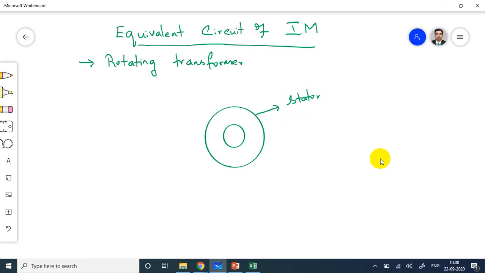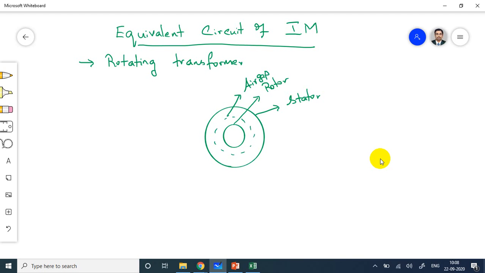This is the rotor. Between stator and rotor there is a gap. This dotted line stands for the air gap.